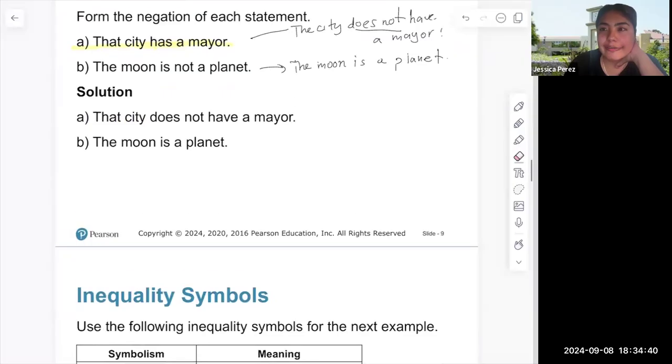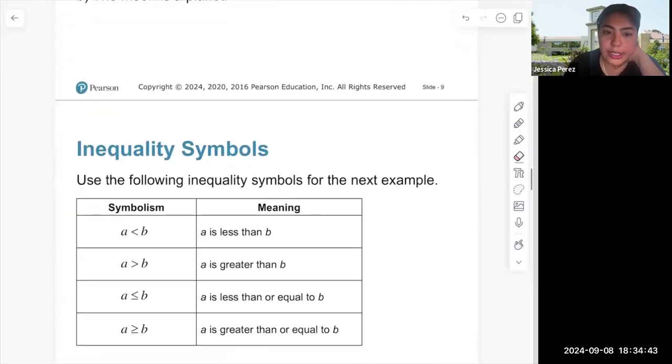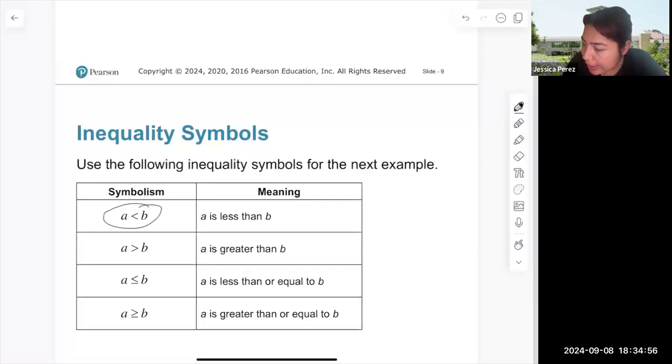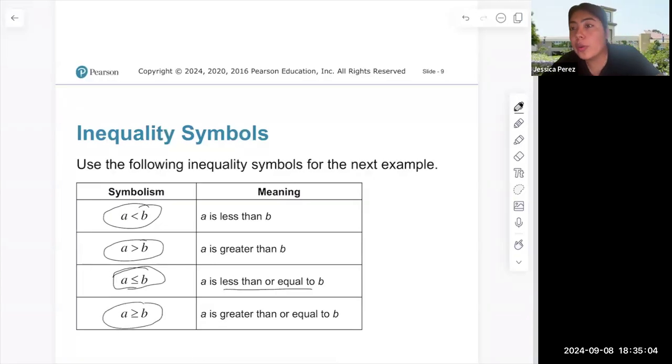Now, the next part is negating inequality symbols. Use the following inequalities for the next example. When we say A is less than B, A is greater than B, A is less than or equal to B, and A is greater than or equal to B. We're going to be using these when we do negation, so please be careful. I can negate a meaning, like a sentence, and I can also negate a symbol.